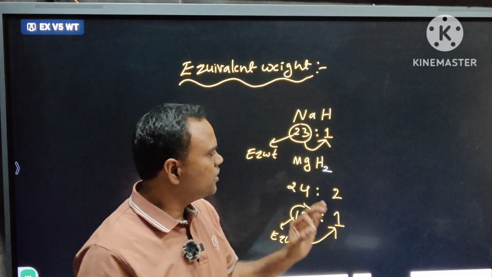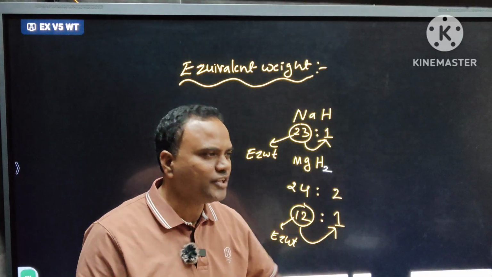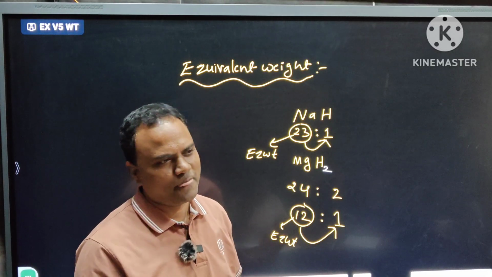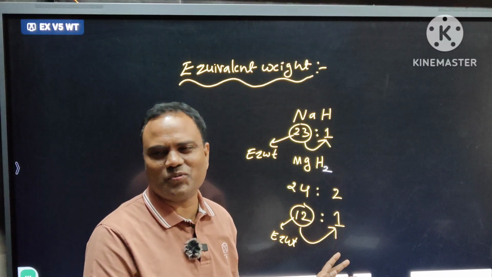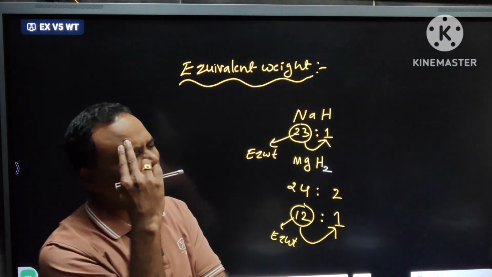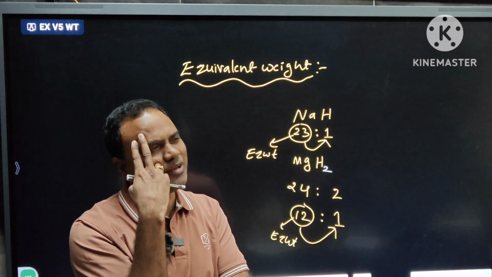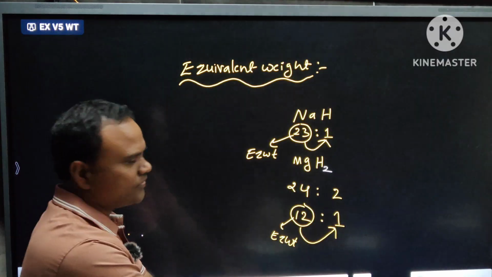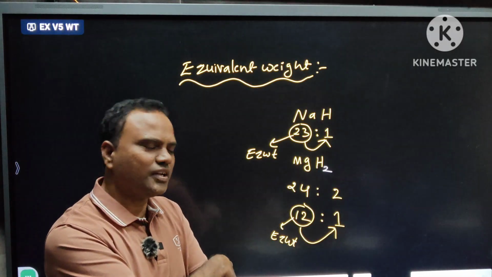Write the definition. We never use this definition in any numerical part, so just forget the definition. Clear? Let us know how to find the equivalent weight of acids and bases. You might have a doubt about what equivalent weight is, and that's why I explained this. Write the definition and forget, no problem.